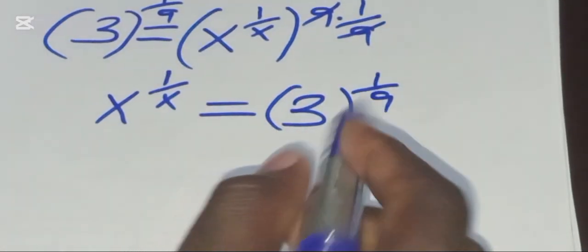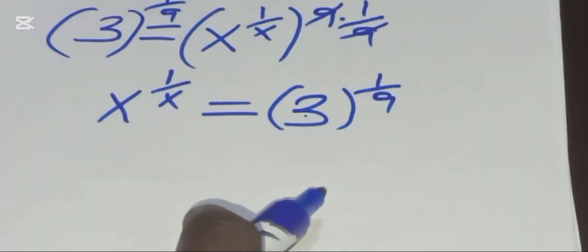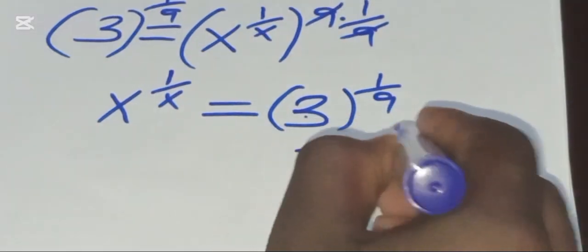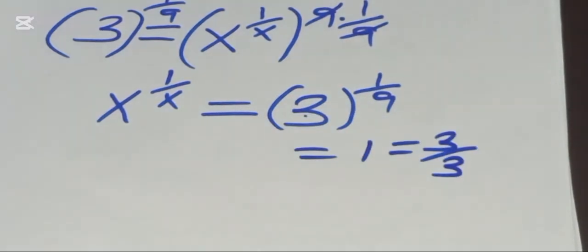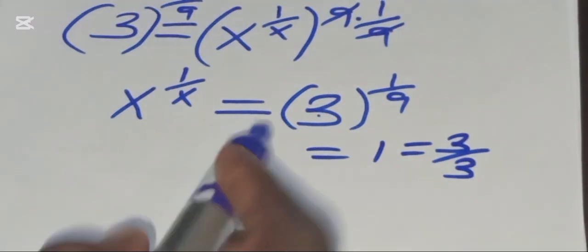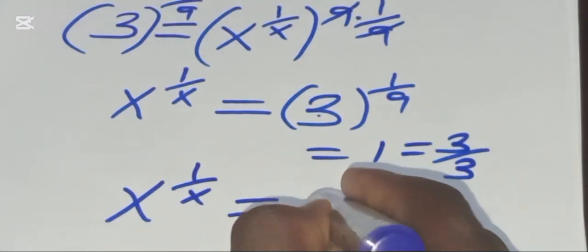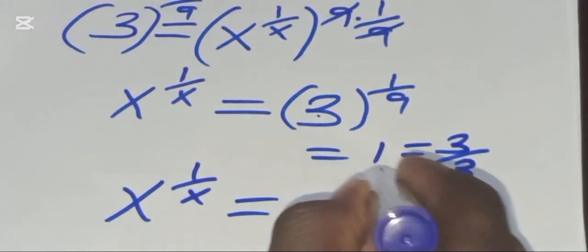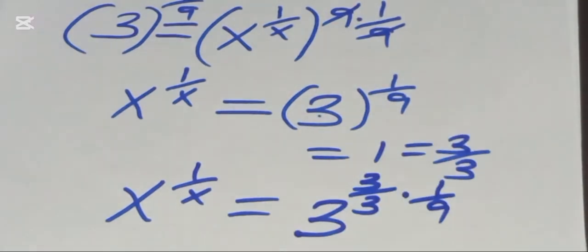Now from what we have here, this is 3 raised to power 1 over 9. We can express 1 definitely as 3 over 3. If you say 3 divided by 3 is the same thing as 1. So that we'll have x to power 1 over x is equal to 3 raised to power 3 divided by 3 multiplied by 1 over 9.